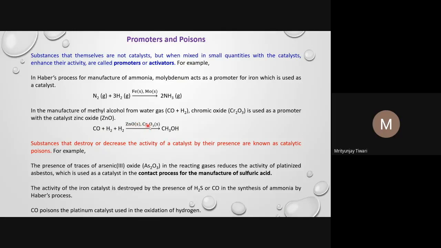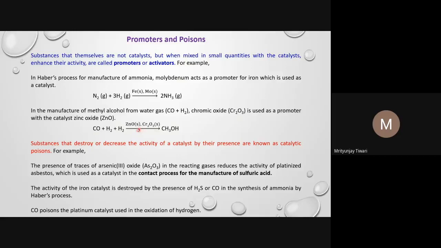When you add chromic oxide, Cr2O3, in the presence of zinc oxide, we see the efficiency or the rate of this process increases, and that means Cr2O3 is a promoter for the zinc oxide catalyst for the conversion of water gas to methyl alcohol. In this reaction, if you add only chromium oxide, Cr2O3, and not zinc oxide, it doesn't affect the rate of the reaction.